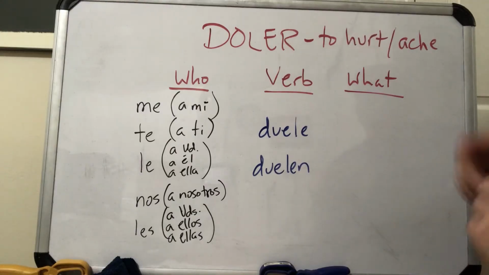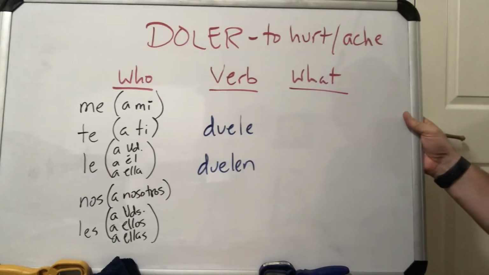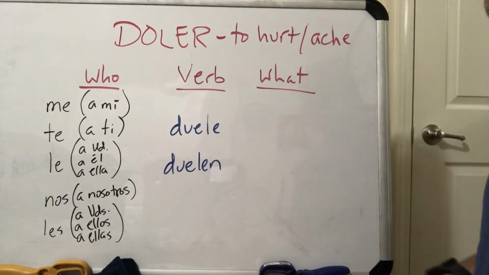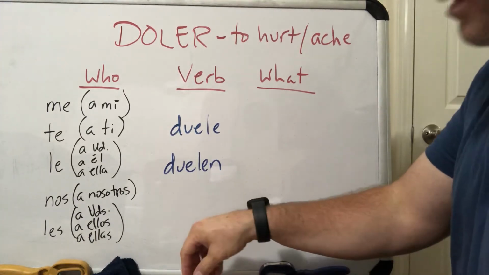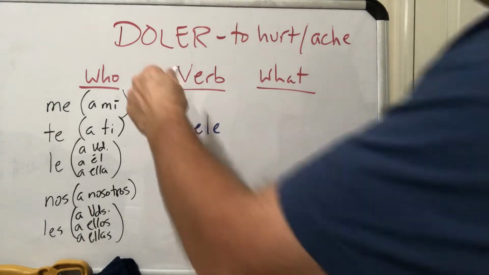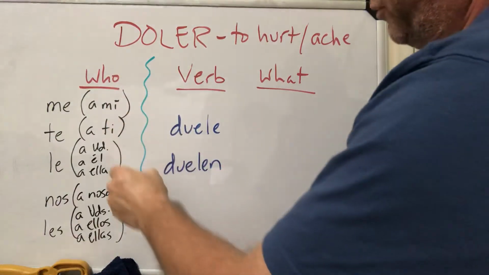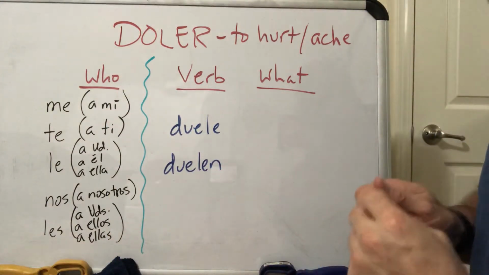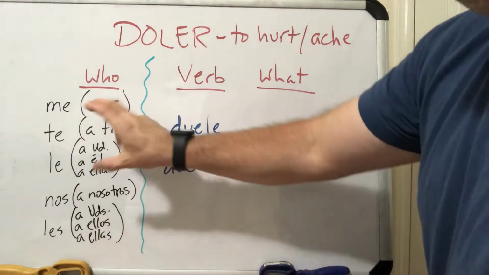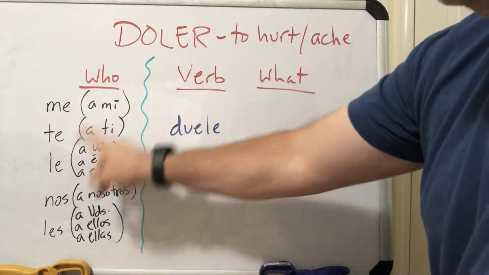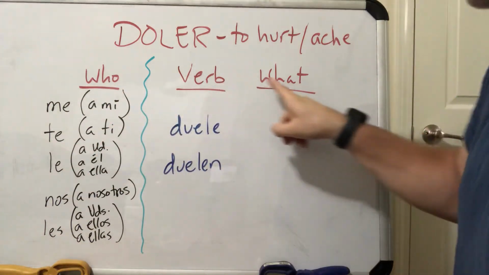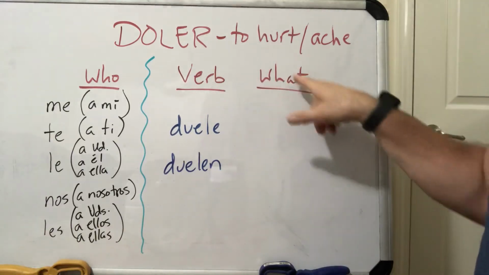The reason is because, remember, let me slide that back over. Let me draw a little squiggly line here because these two parts are not related. Meaning, I'm going to pick this based on who it is, but my verb is going to be based on what. My verb is connected to the what.